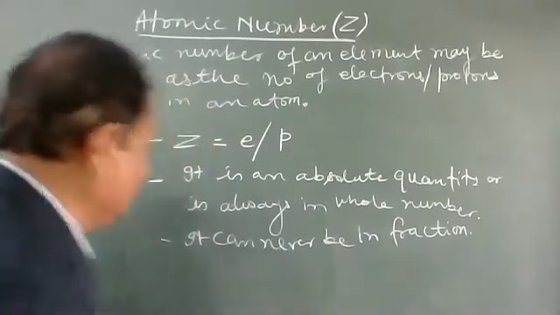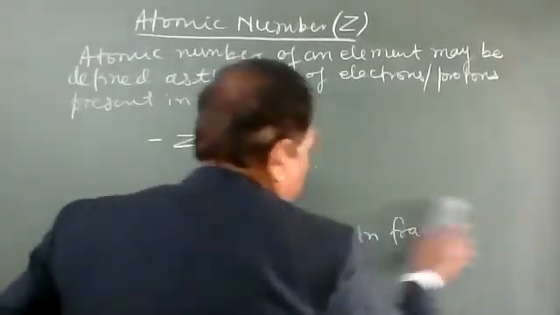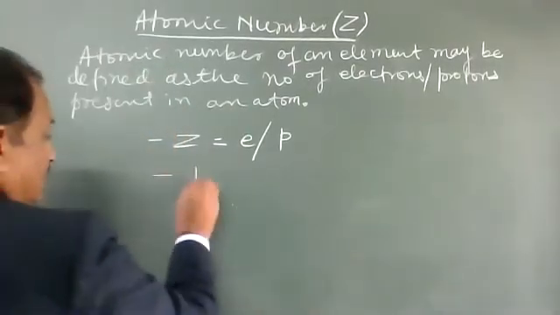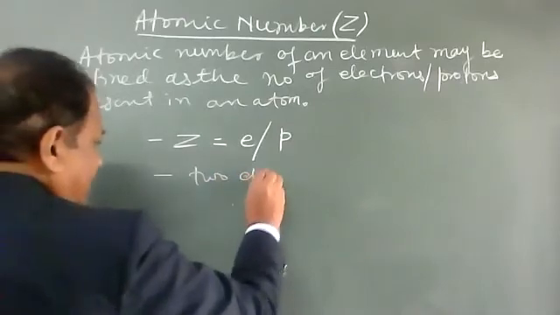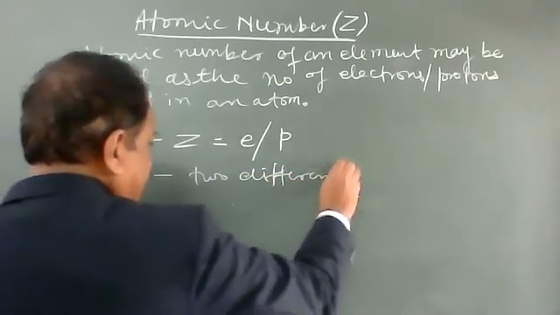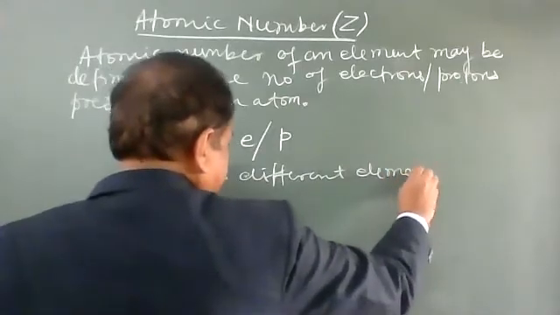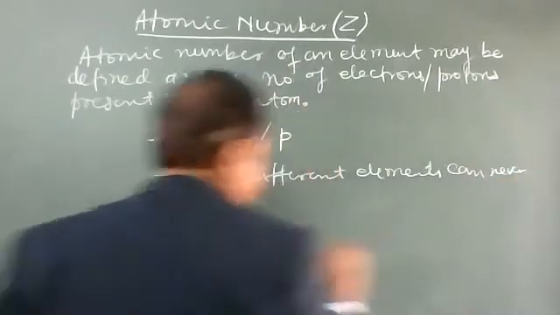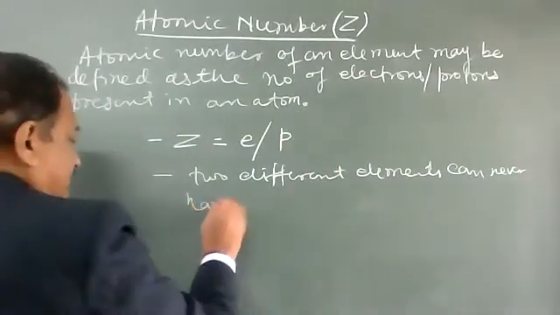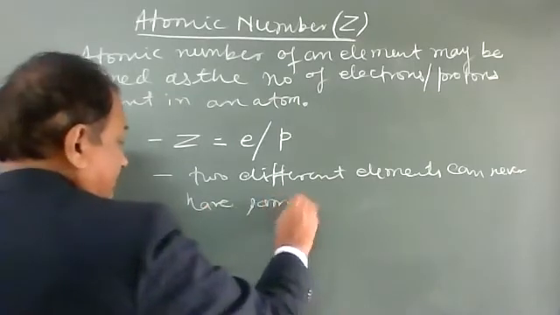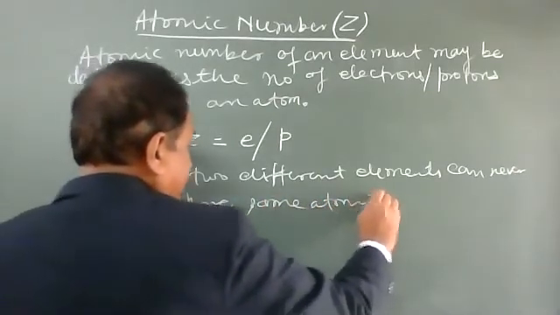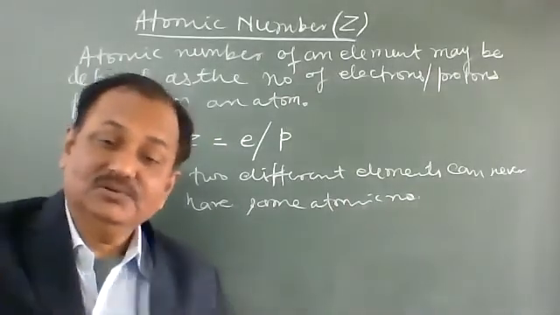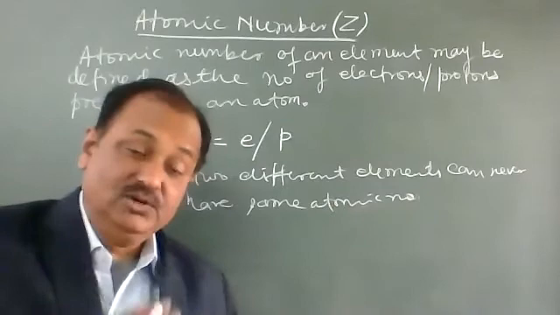You also have to keep in mind that two different elements can never have the same atomic number, because if it were not like that, there would be chaos and a lot of problems.